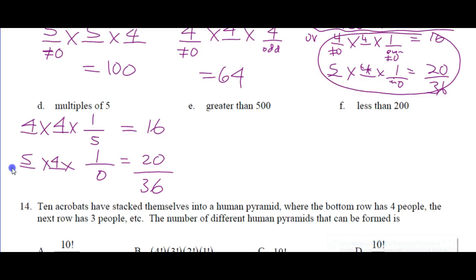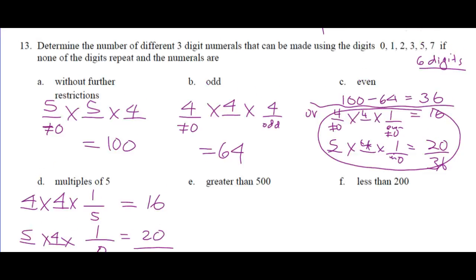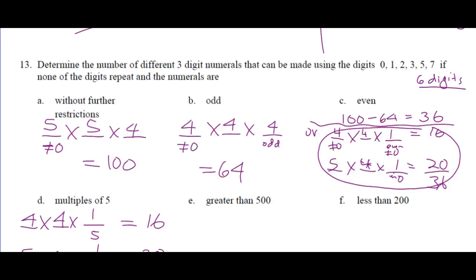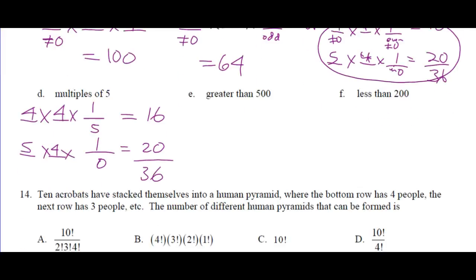Greater than 500. So if you're greater than 500, in our particular scenario, what's your first digit? It's got to be 7 or 5. It's got to be a 5, because we can't make 500, right? Whatever number we do has to be bigger, right? Like 501 is the smallest number we can make because we can't repeat digits. So greater than 500, 3 blanks.